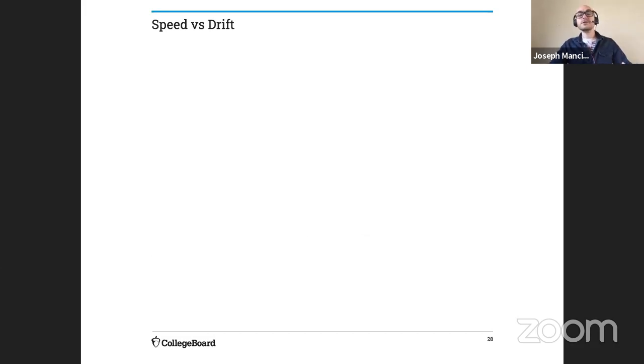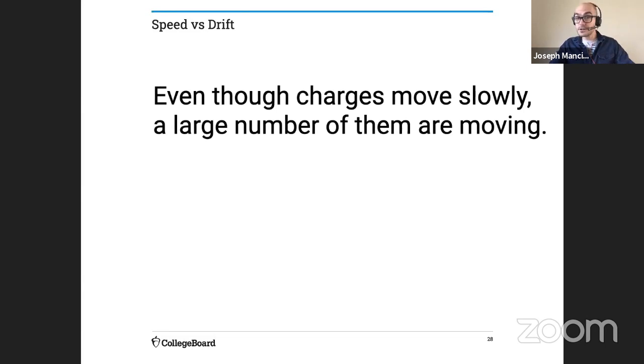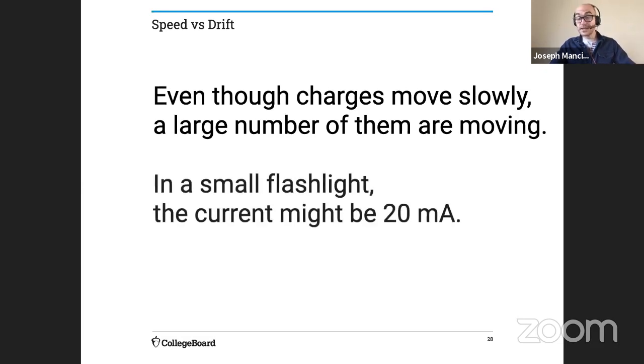And even though those charges are moving slowly, a large number of them are moving. It's a very large number. So I looked at the current rating on a flashlight and it said 20 milliamps. 20 milliamps is 0.02 amperes, so 0.02 coulombs per second. And that doesn't sound like a lot.